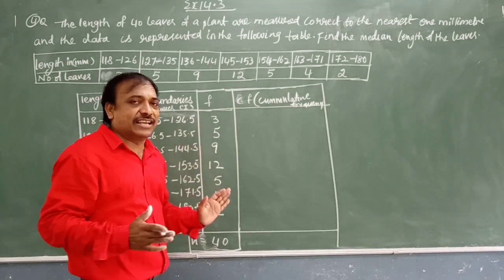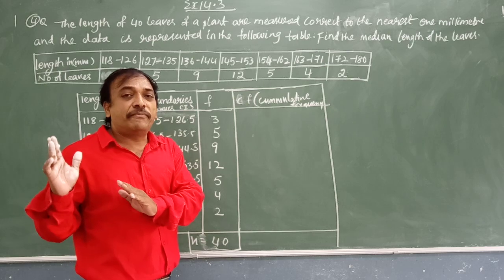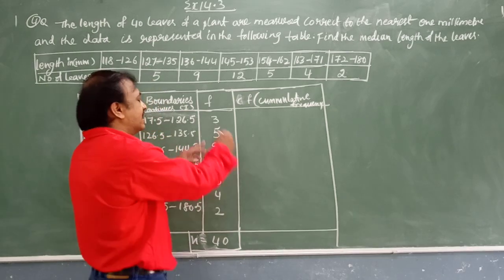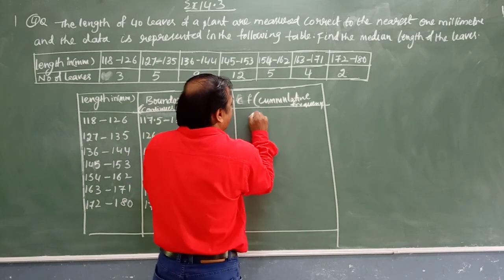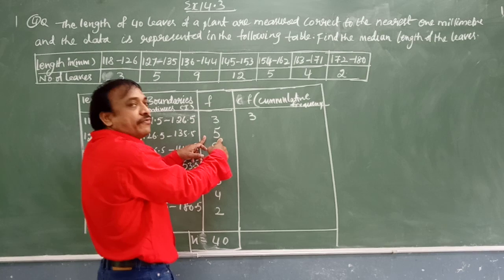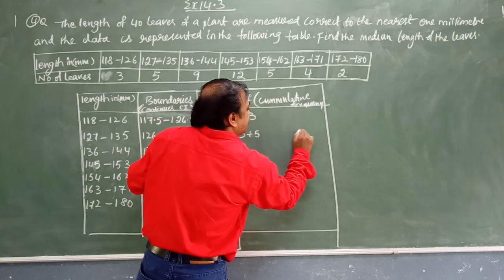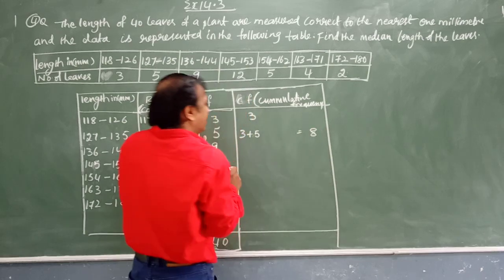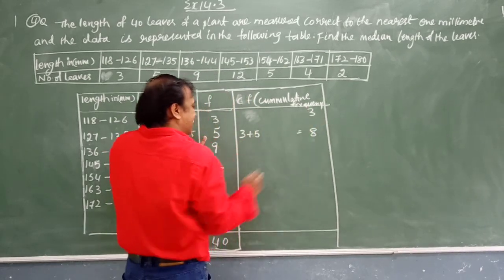Sorry, not class intervals, we are adding frequencies. So the first one you write as 3. The second one, 3 plus 5, which is equal to 8. So the first one I am writing as 3, 3 plus 5 as 8.